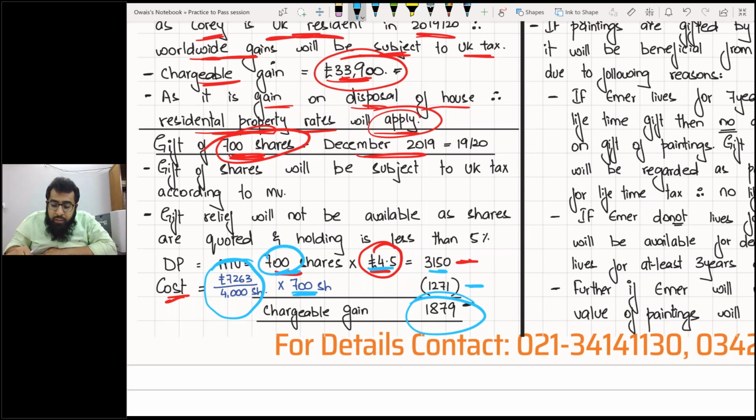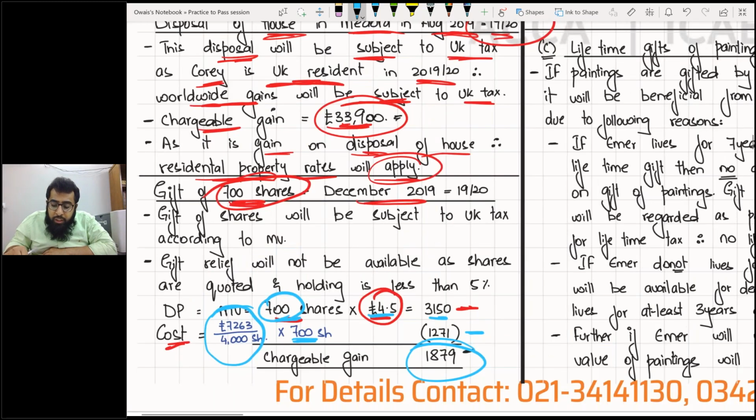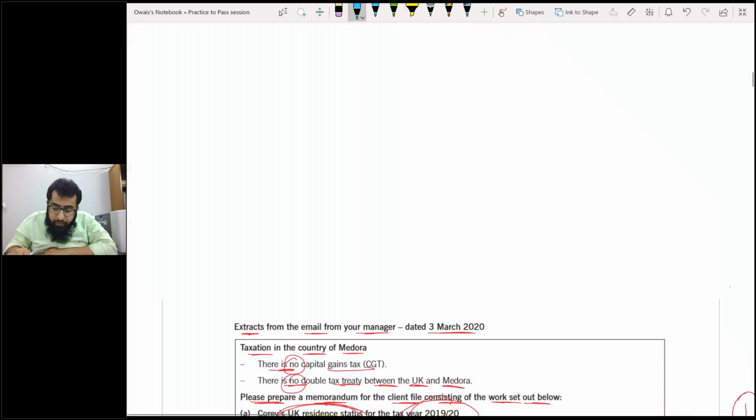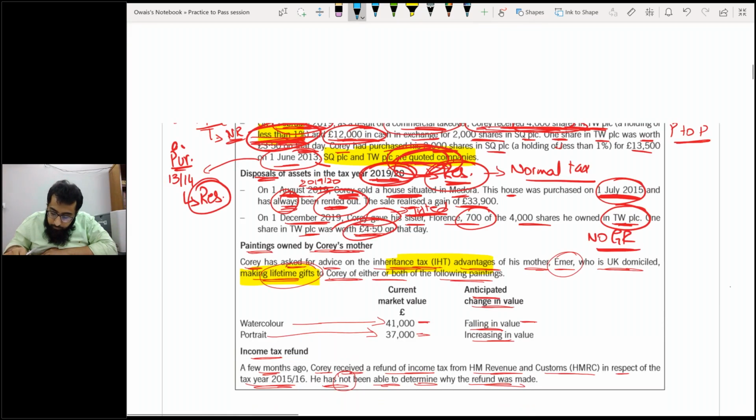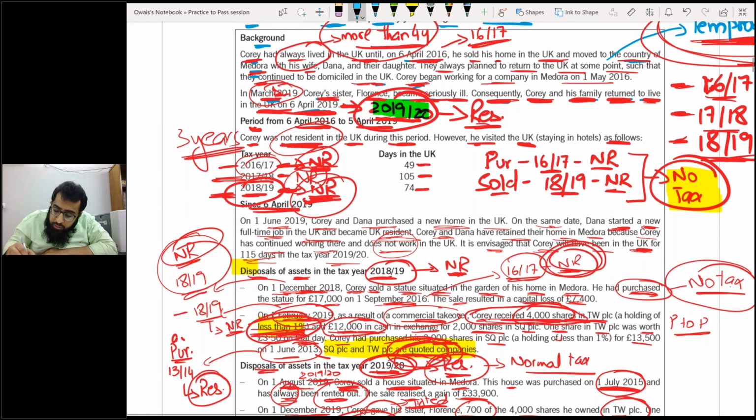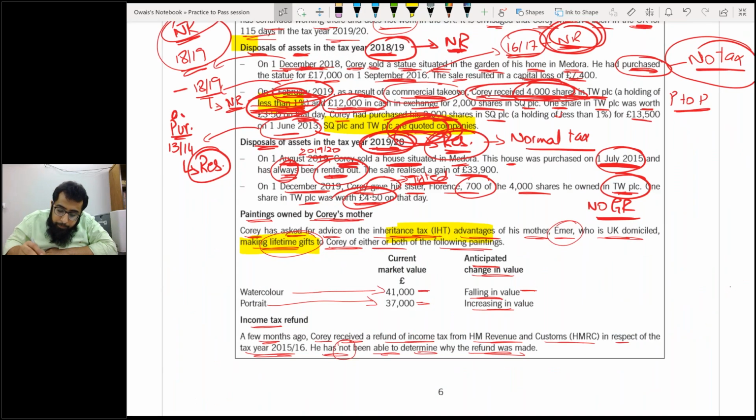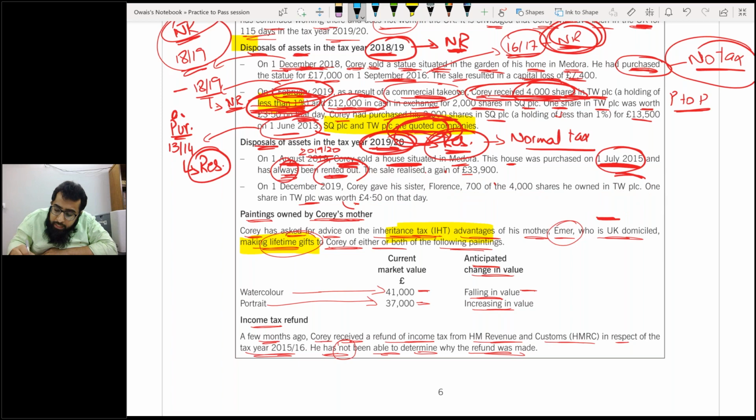But gift relief was not available because the shares were quoted. If you look at it here, why was it not available? Because he gave 700 shares in TWPLC.